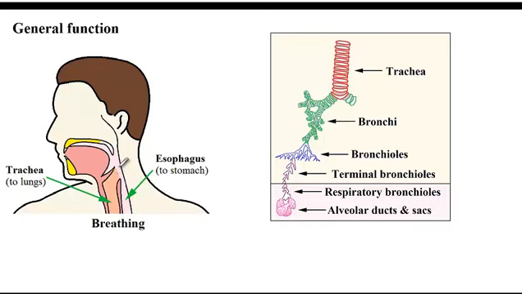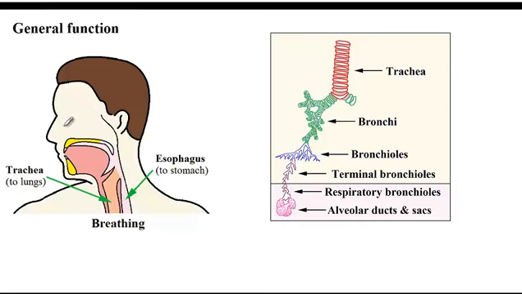The next structure is pharynx, which connects nose and the mouth to the esophagus and the trachea. And we just discussed in the digestive tract video how in order to prevent the food particles from entering the trachea, which can cause choking, there would be closure of epiglottis anytime we are swallowing food, as a consequence of which food particles will directly go through the esophagus, and from here on they would enter the stomach.